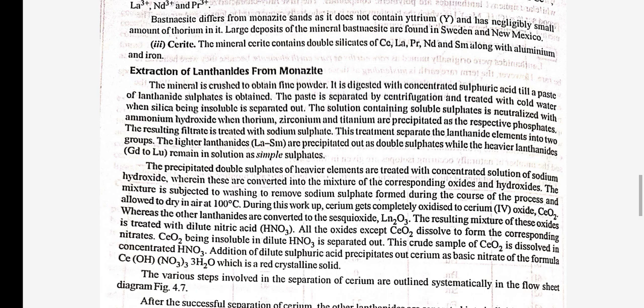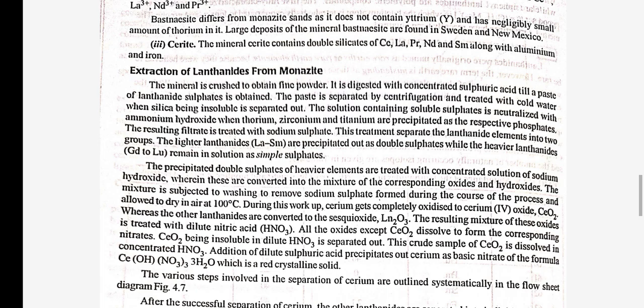During this workup, cerium gets completely oxidized to cerium(IV) oxide, whereas the other lanthanides are converted to the sesquioxides. The resulting mixture of oxides is treated with dilute nitric acid, HNO3.